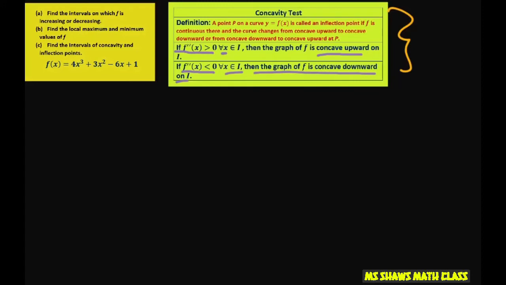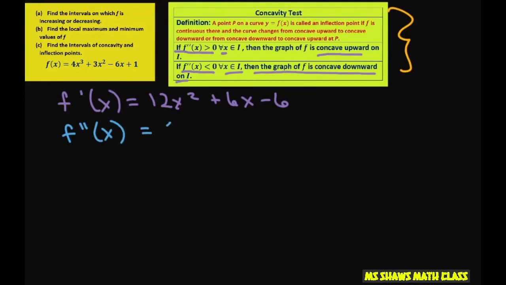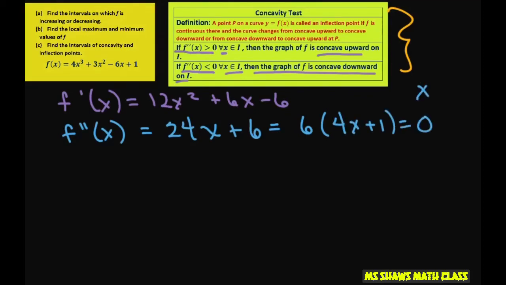So I'm going to take the second derivative, and our first derivative was 12x squared plus 6x minus 6. So when you take the second derivative, you're going to get 24x plus 6. Let's factor it first. You pull out the 6, that's going to be 4x plus 1 equals 0. So that means x is negative 1/4.